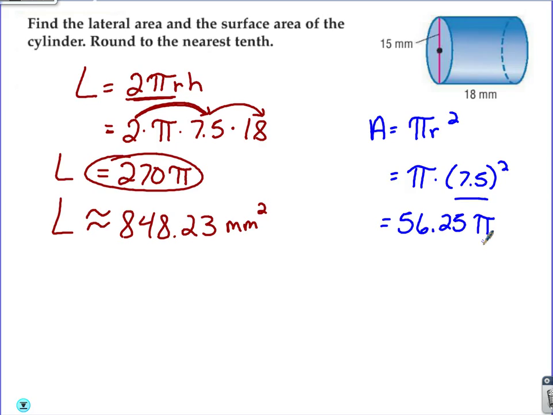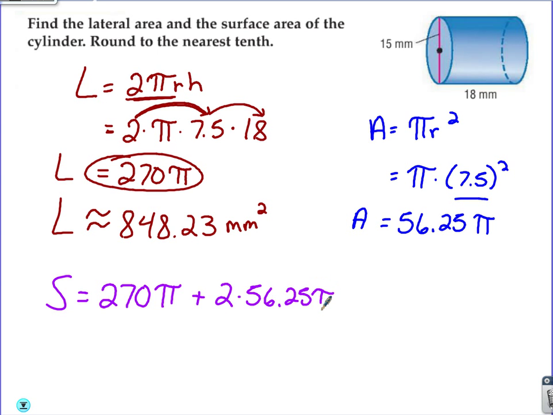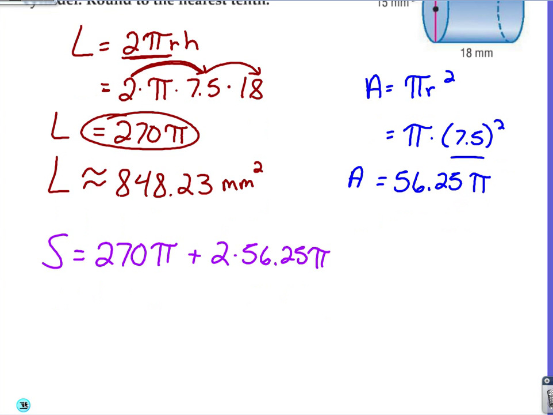How many bases does it have? 2. So you're going to do that times 2. Our surface area, let's do exact first, is equal to the lateral area, that's the area of the side, plus 2 of those. Are those like terms? That has a pi, that has a pi.